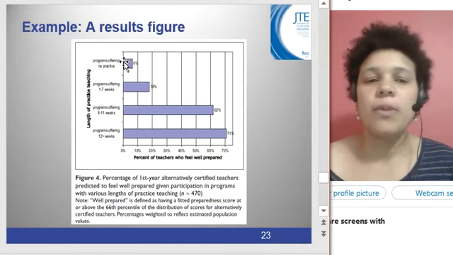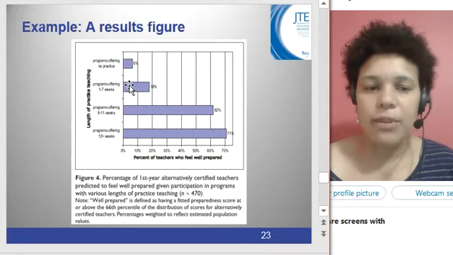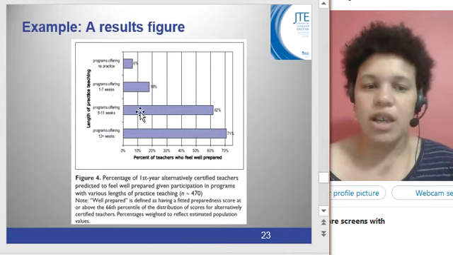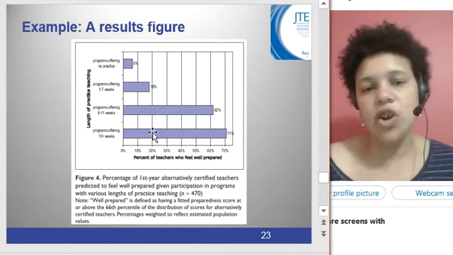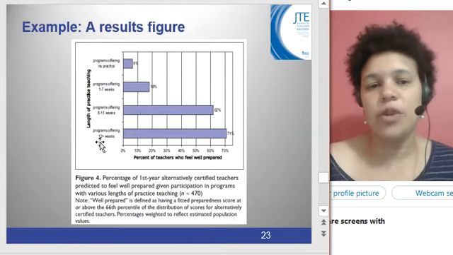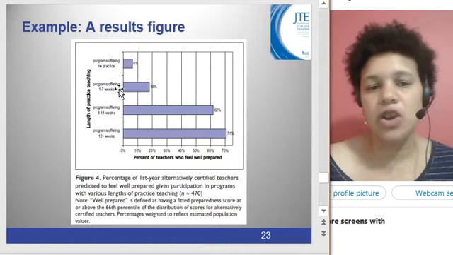And what's usually at the bottom of the bar, here on the side, is the independent variable, and we're going up to see what the relationship is with the dependent variable. So we're looking at how the length of practice teaching in this figure relates to the percent of teachers who felt well prepared.